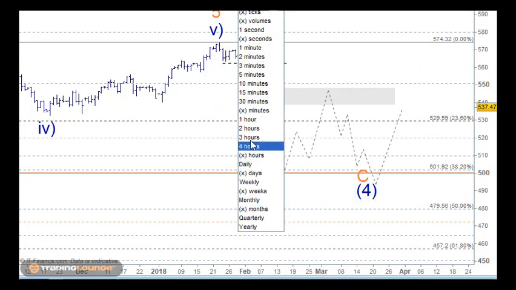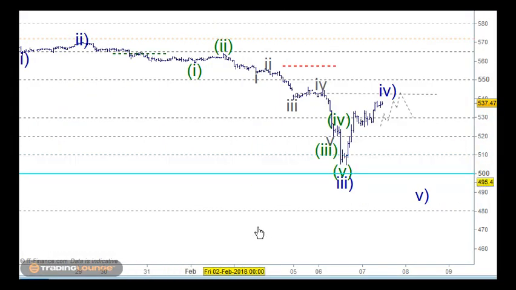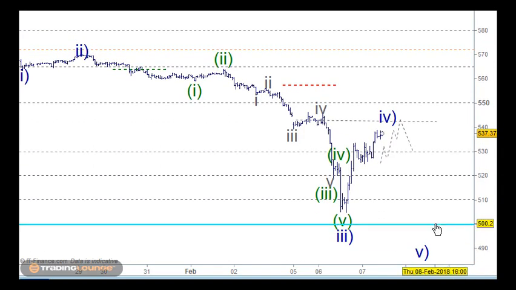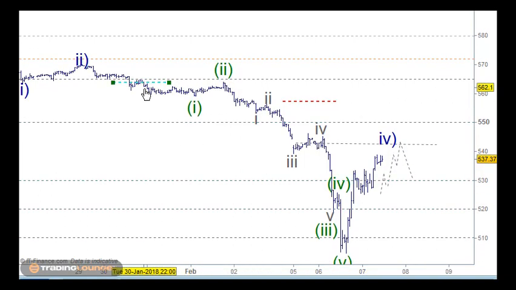Coming back to the hourly chart, in all cases, with the DAX, the FTSE and all of these, we just need this to play out here. If you're looking for another short position, you may still be short already from up here.